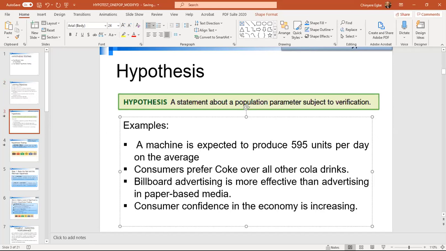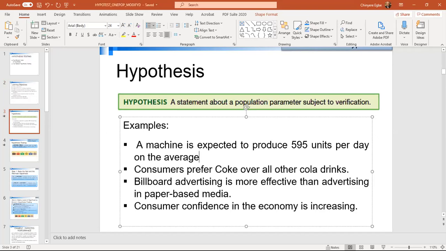So what this simply means is that if you operate a certain machine that produces shoes or eyeglasses, this particular machine is expected on the average to produce 595 units a day.